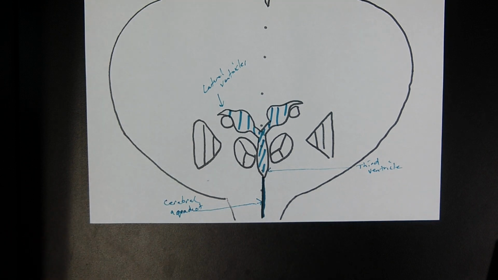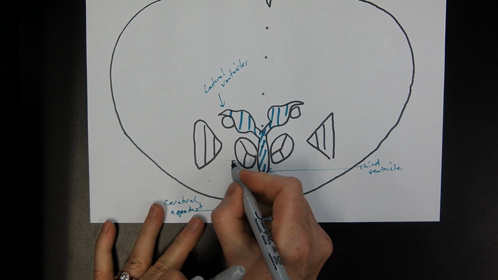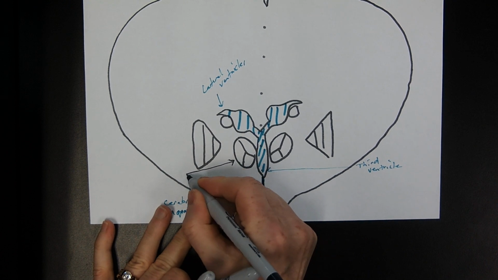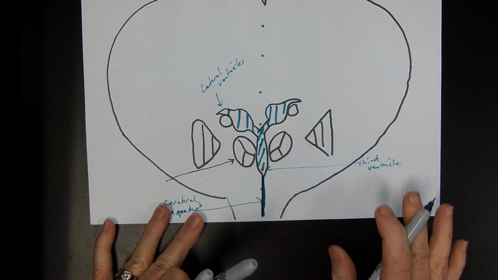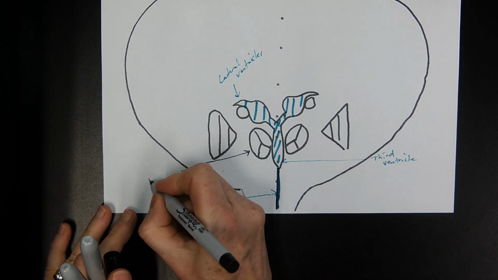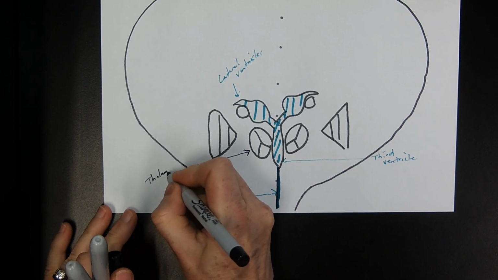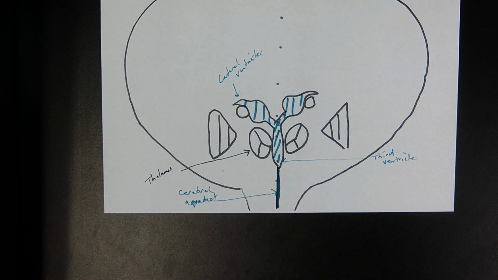And then hopefully everybody knows this pair of great big nuclei that are really important for sensory information. There's your thalami. Thalamus is one.